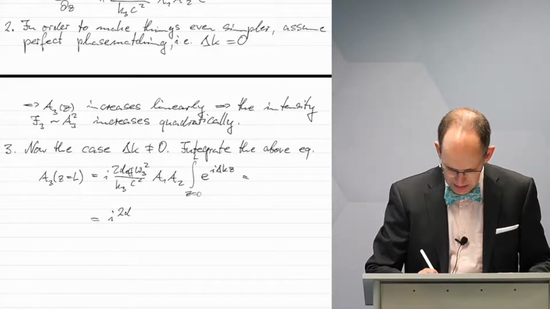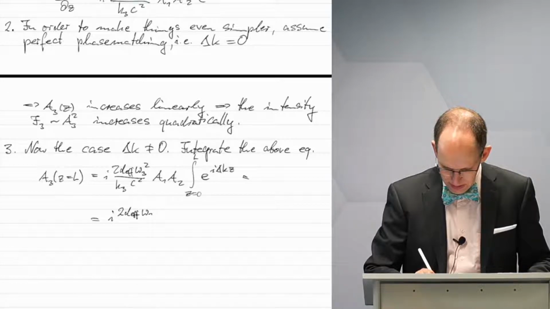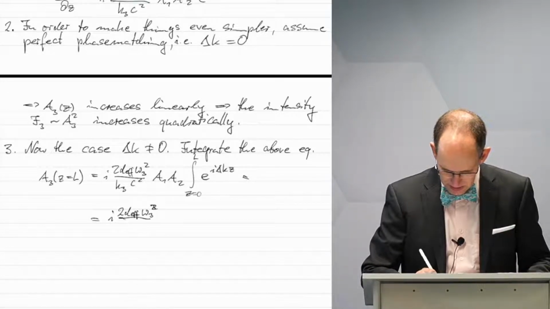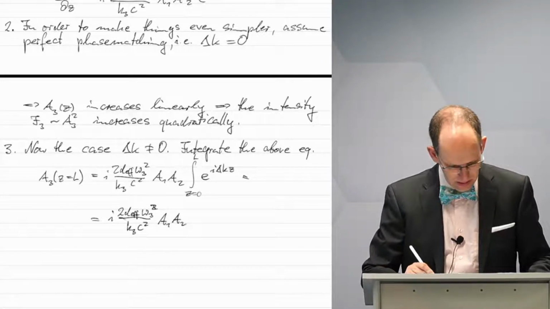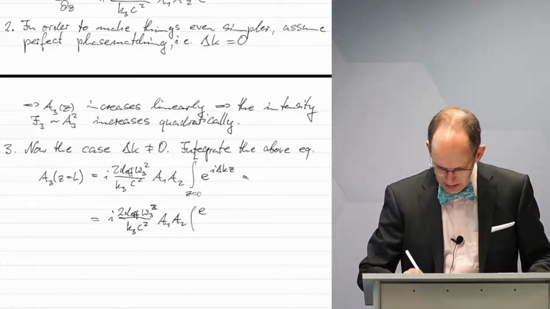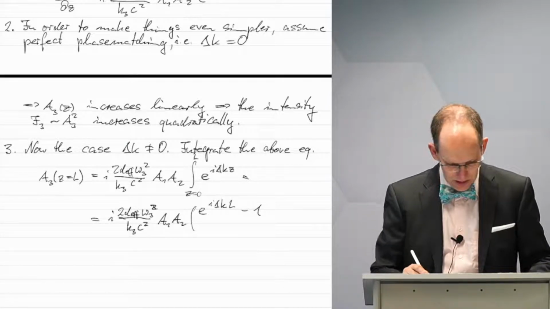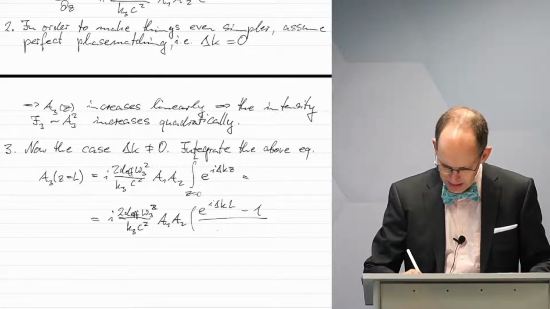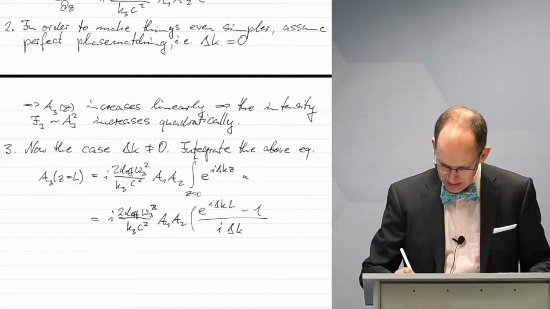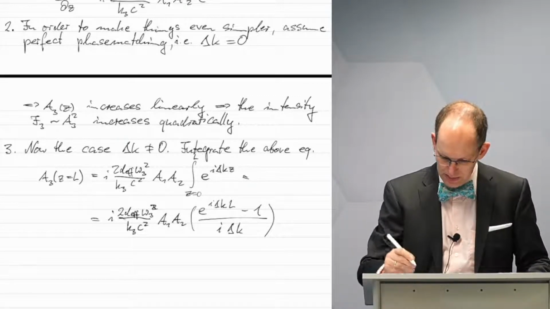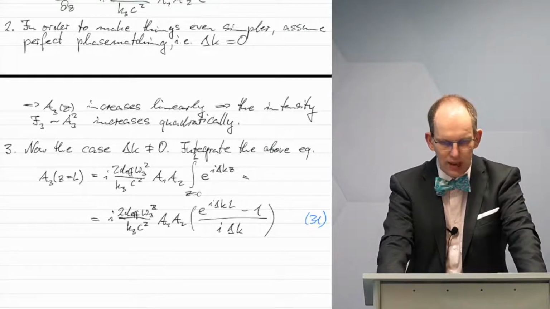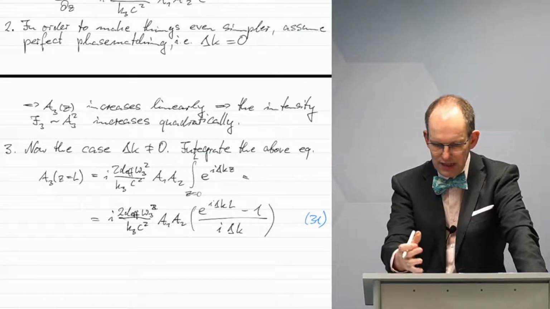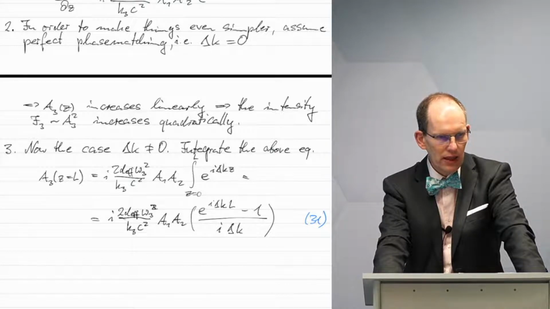What we get is 2 times the effective nonlinearity, omega 3 squared. All these prefactors are a little bit annoying to write down all the time. Then e to the I delta k times L minus 1 divided by I times delta k. That's equation 31. Now we want to see what this delta k is doing.